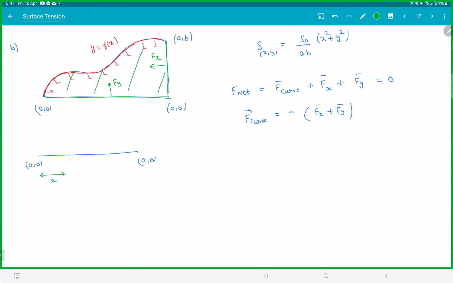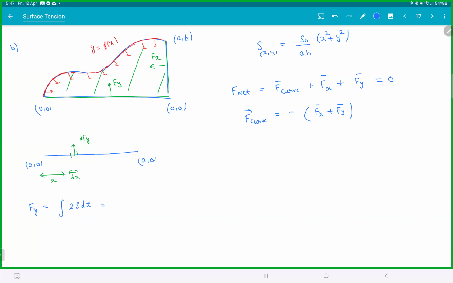So at a distance x, take a small section dx. So on this, the force will be dFy. So Fy will be integral 2s dx.